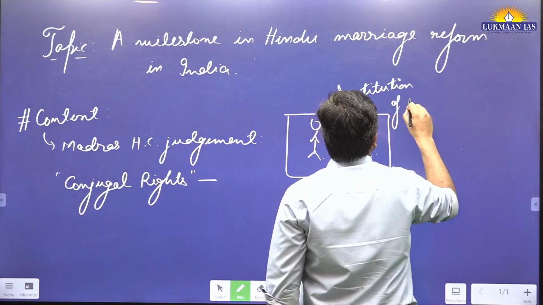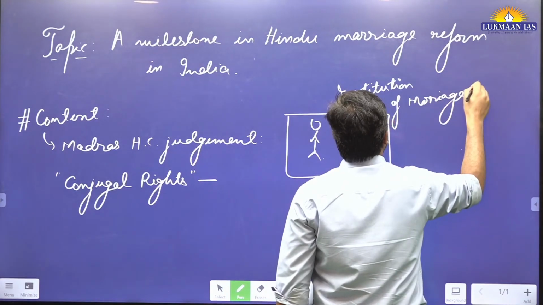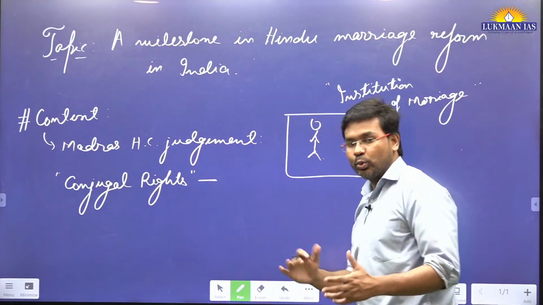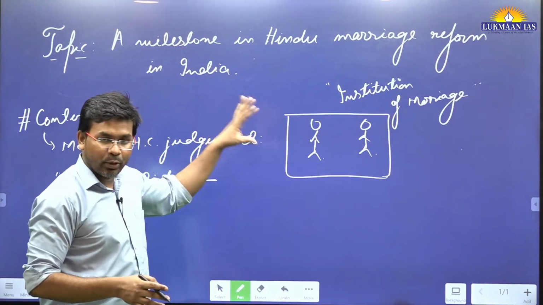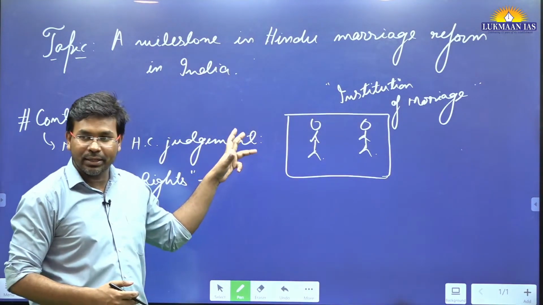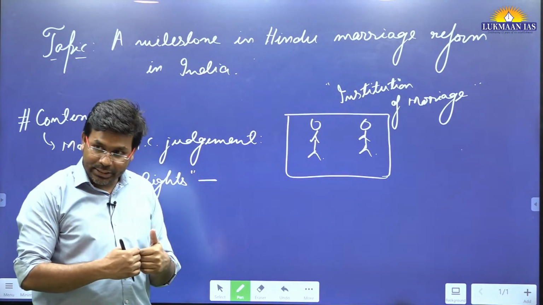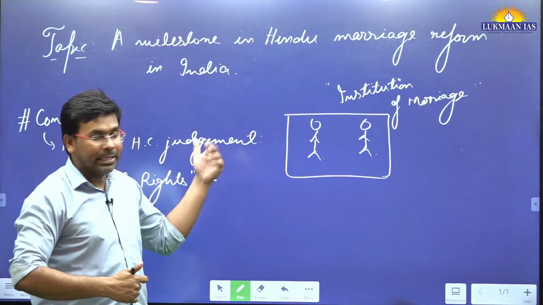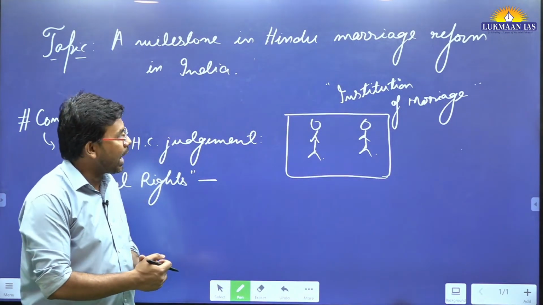So in the institution of marriage, 2 persons are wedded together through some kind of customary rules or laws, and they can also get themselves registered through legal means. For example, we have the Special Marriage Act 1954, we have the Hindu Marriage Act 1955. So they can get themselves registered also after they marry.